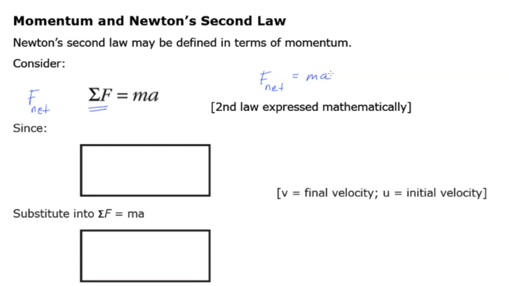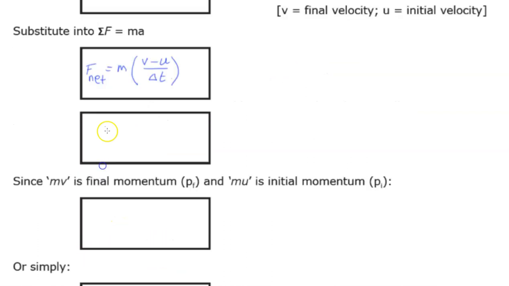Since we know acceleration is given as the change in velocity over the change in time, if we substitute that into this equation, we get this, and we can also write this.